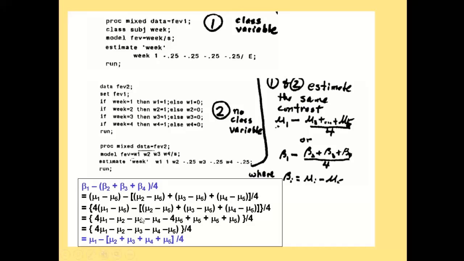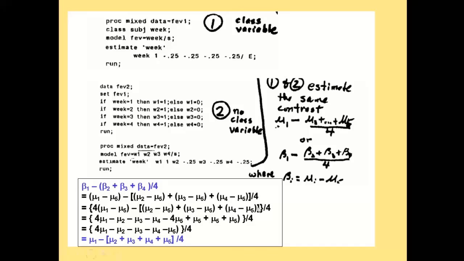Because if you do a little algebra with this thing, well, if you think about it, beta 1 is defined by the first variable, 1 for week 1, 0 otherwise. So beta 1 is really the difference between week 1 and week 5, because week 5 is the reference group. And beta 2 is week 2 minus week 5. And beta 3 is week 3.